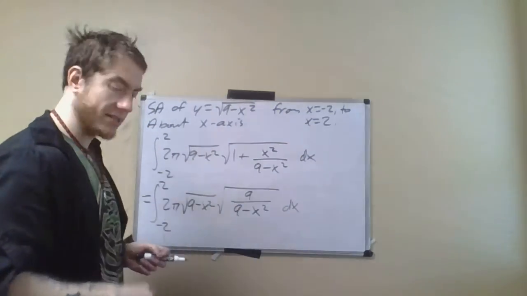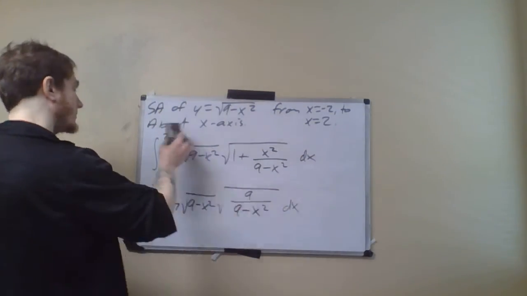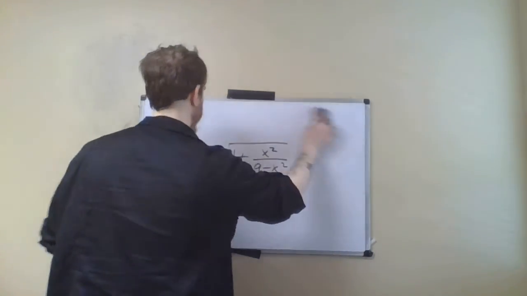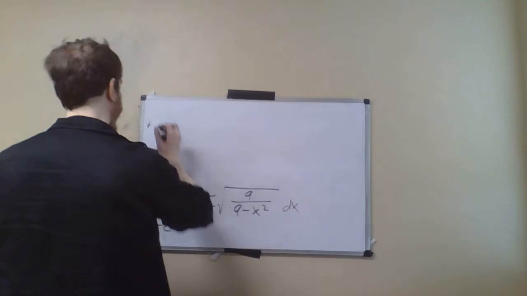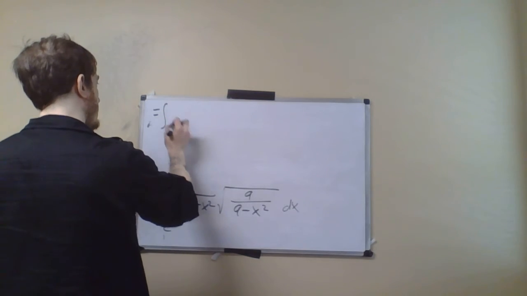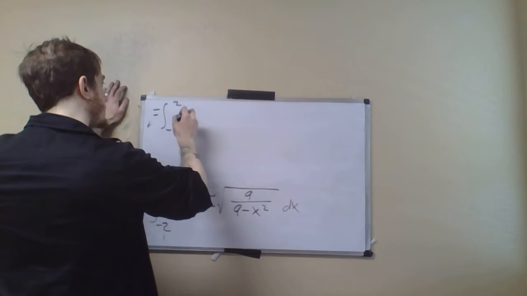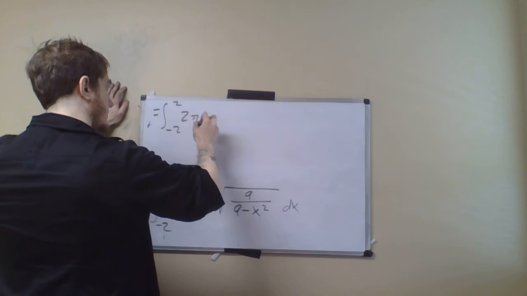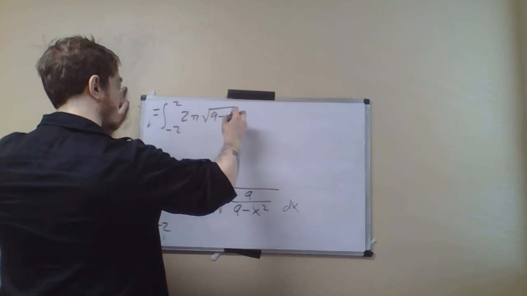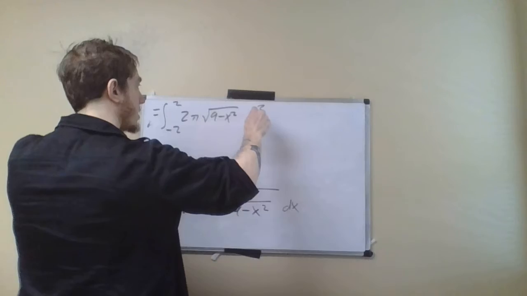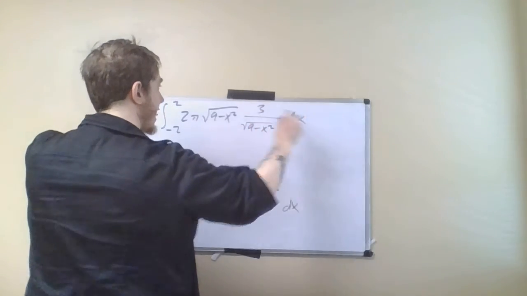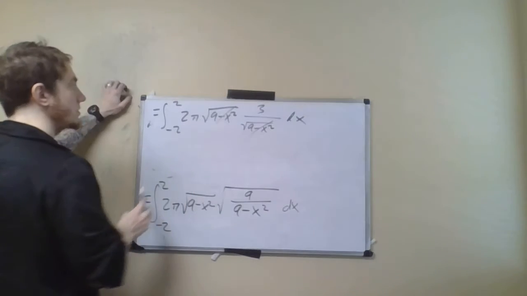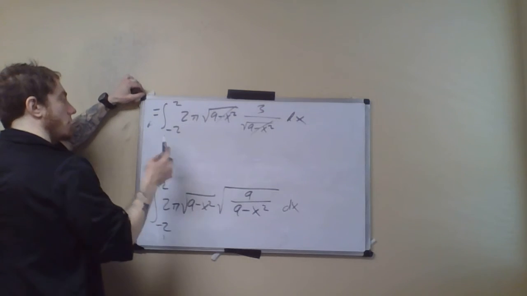But this is now going to become a really, really nice integral, because this is actually just going to be the integral from -2 up to +2, 2 pi square root 9 minus x squared times 3 over square root 9 minus x squared dx, and I can cancel those, and now we just have the integral of 6 pi.